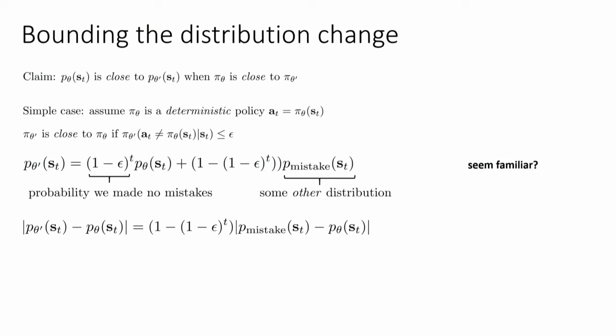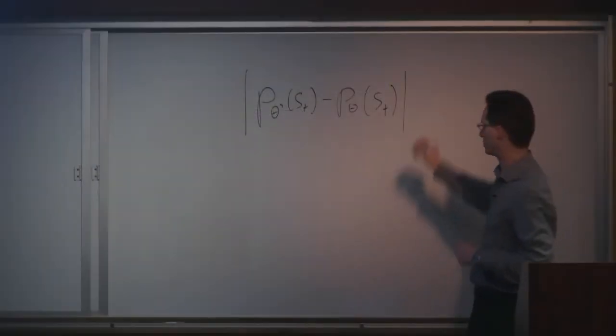Does everybody remember what total variation divergence is? Please raise your hand if you remember what total variation divergence is. Raise your hand if you do not remember total variation divergence. Okay. Let me summarize it on the board. When I write this, it's basically the most obvious notion of a metric over distributions you could think of.